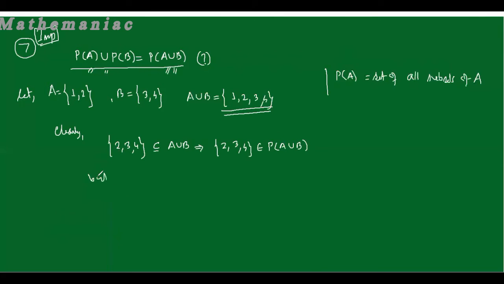But can you say that {2, 3, 4} is a subset of A, or can you say that it is a subset of B? Can you say? No. So we'll write, this is not a subset of this. And here also, this is not a subset of this.